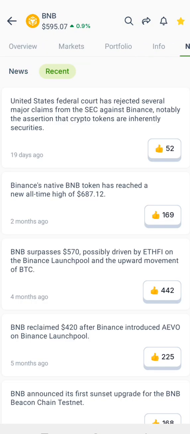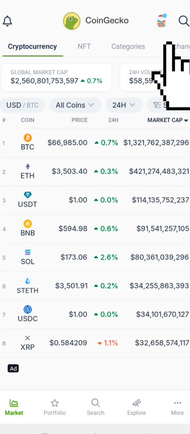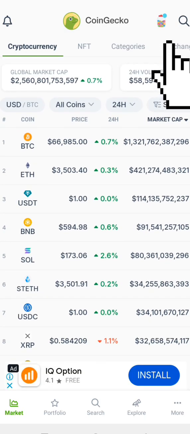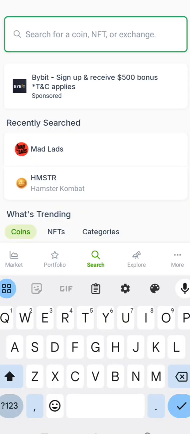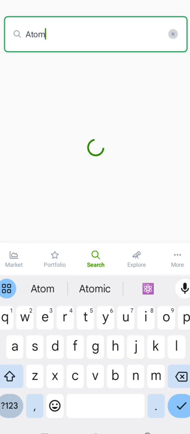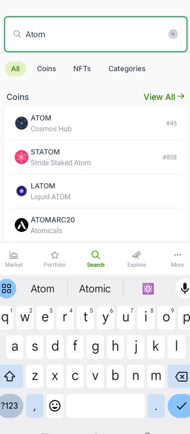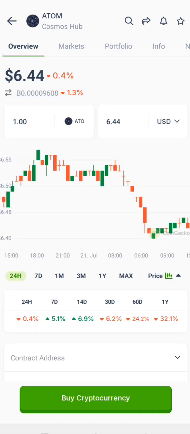Then let's go back and see other coins. Let's search for Atom. Atom is a coin. Let's do analysis again with Atom and see. This is Atom. You click on the coin you want to analyze.